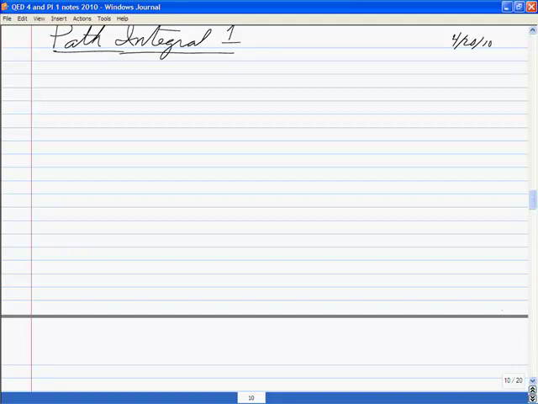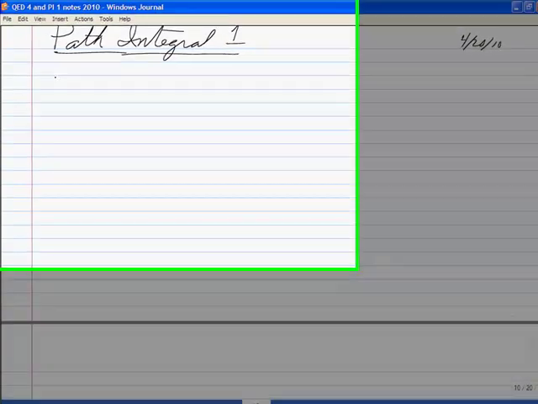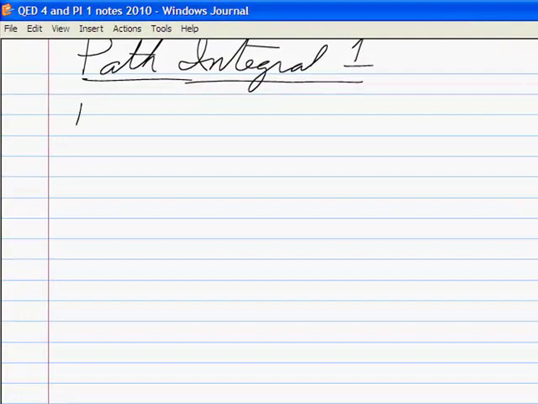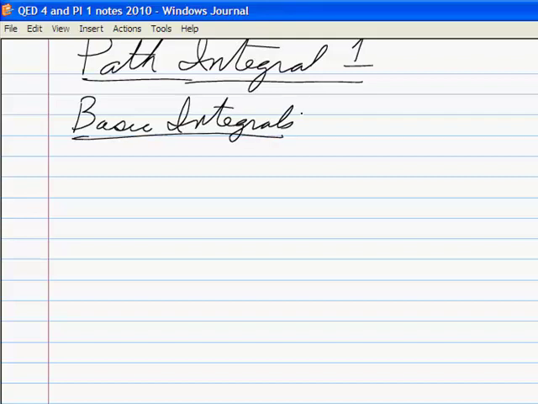Okay, and what I want to do is start off just doing integrals. So path integrals, you need to do integrals. So here's our basic integrals, and we build everything out of these guys. Let's start with the simplest Gaussian integral. So these are all Gaussian integrals.